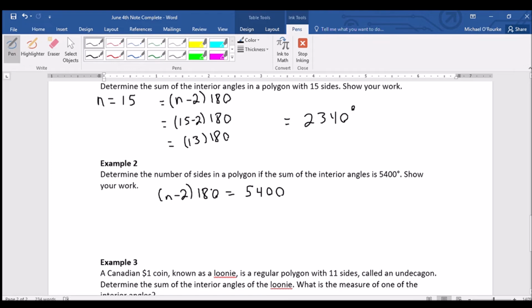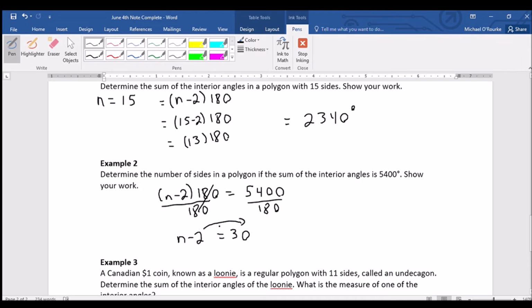So let's move backwards through our BEDMAS, right? So we're going to take away this multiplication first. So we're going to divide this by 180, divide this by 180. So on this side, these guys are going to cancel out. So we have n minus 2 equals 5400 divided by 180 equals 30. Okay, so let's move this over.